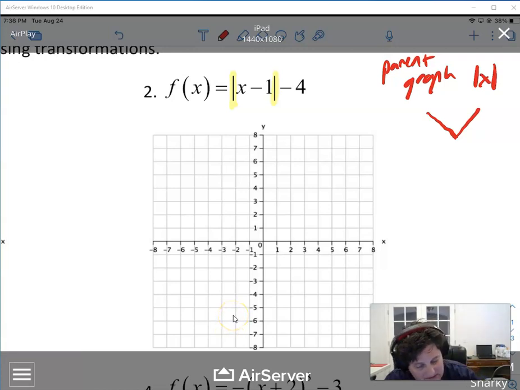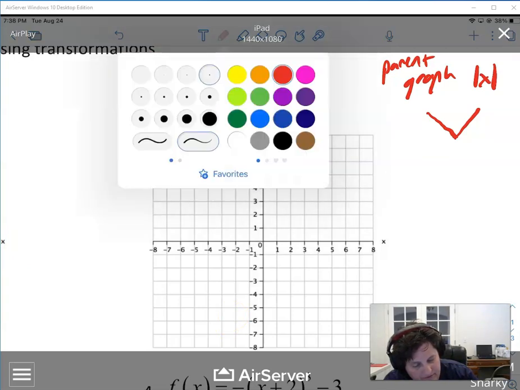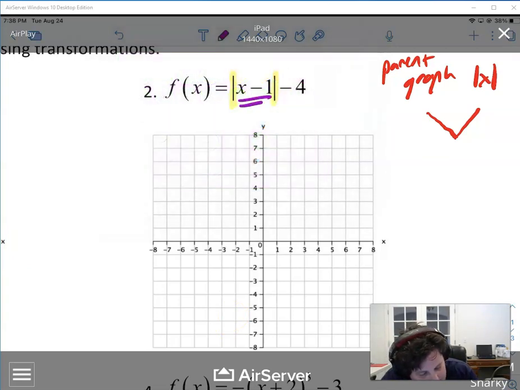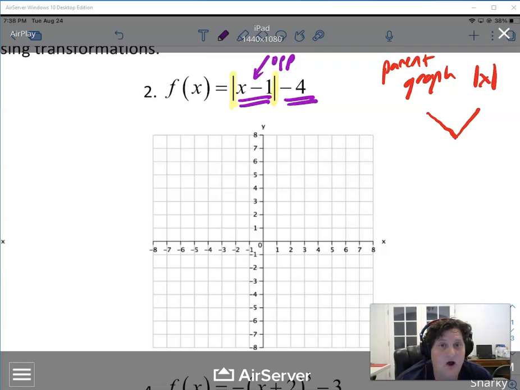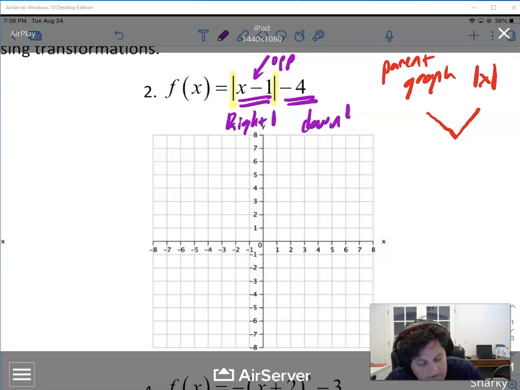Now let's talk about how this is going to move. Look at the inside number and the outside number. Remember, the inside is the opposite of what we think it is. How is this graph going to be shifted from the parent graph? Hopefully you all chose that it's shifted right 1, down 4.